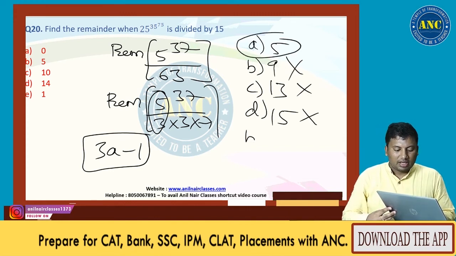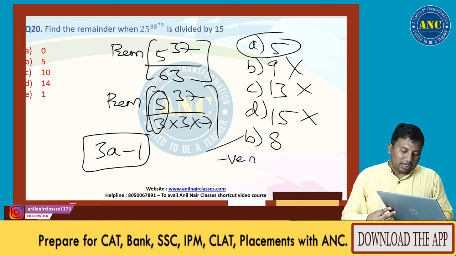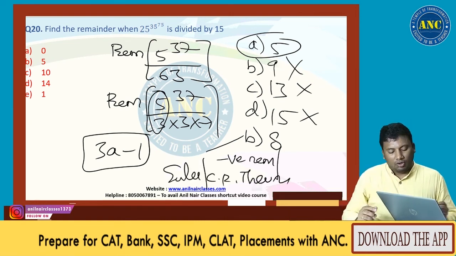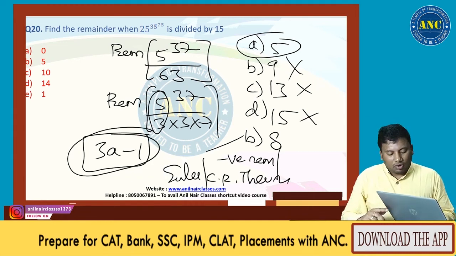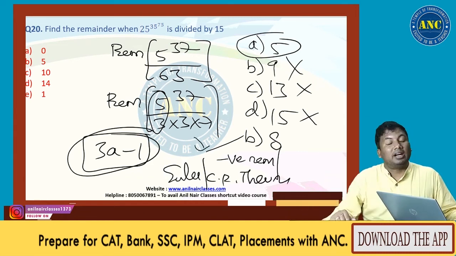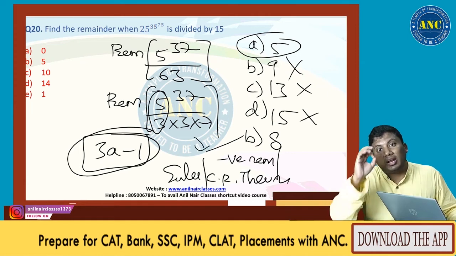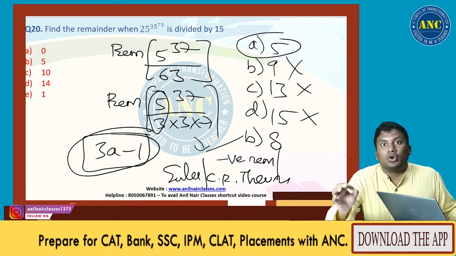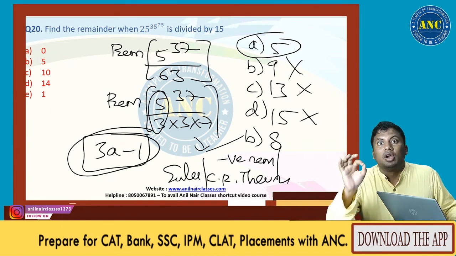The answer is 5. Suppose it were 8, then we would get into negative remainder, Euler theorem or Chinese remainder theorem concepts. If the acid test itself gives you only one option, I will not get into traditional remainder problems. Traditional remainder approaches should be used only after doing the acid test.